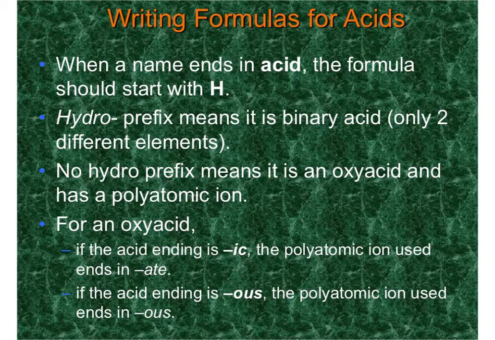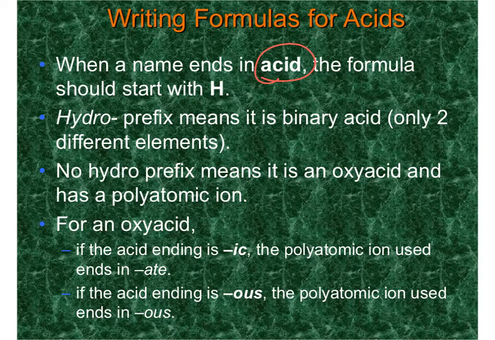Okay, we're closing in on the end now. How do you know that you're dealing with an acid? Well, all names, whether they're binary or ternary, after their technical name will have the word acid, okay?